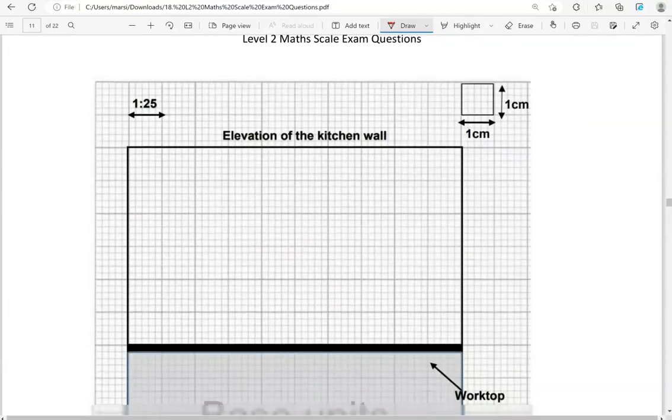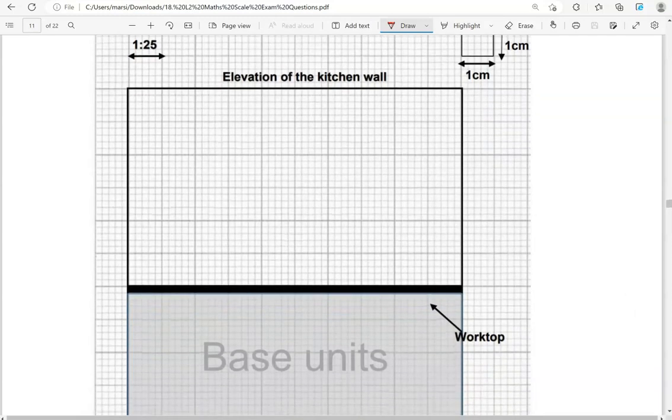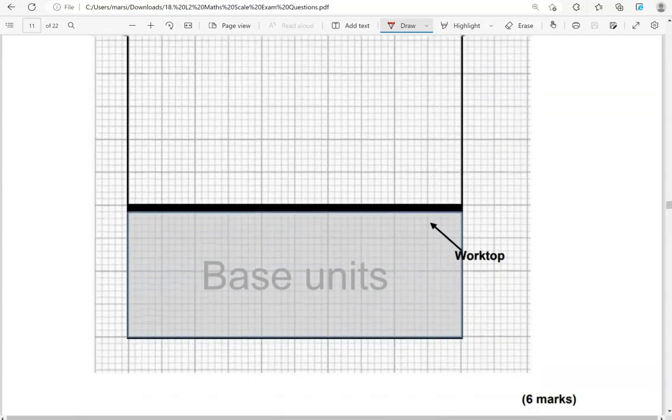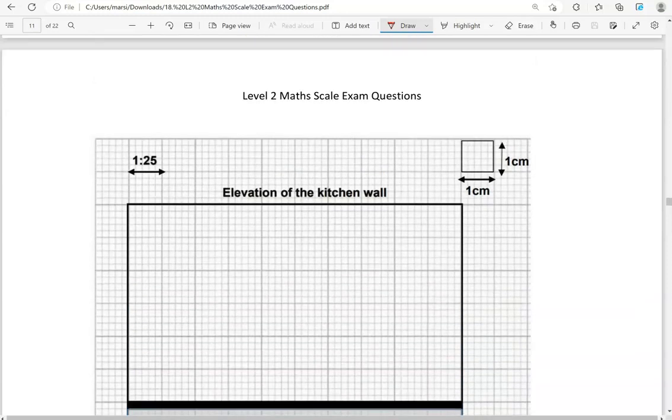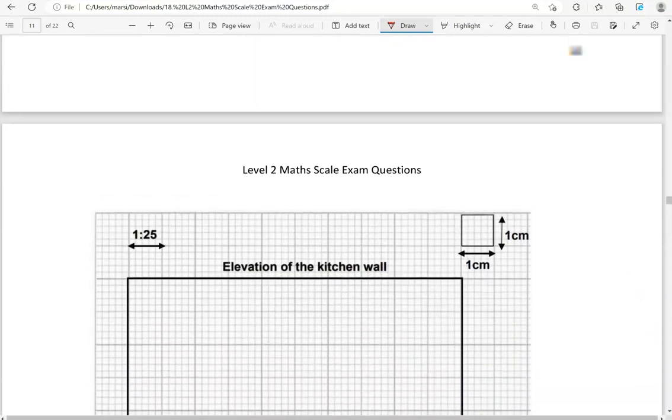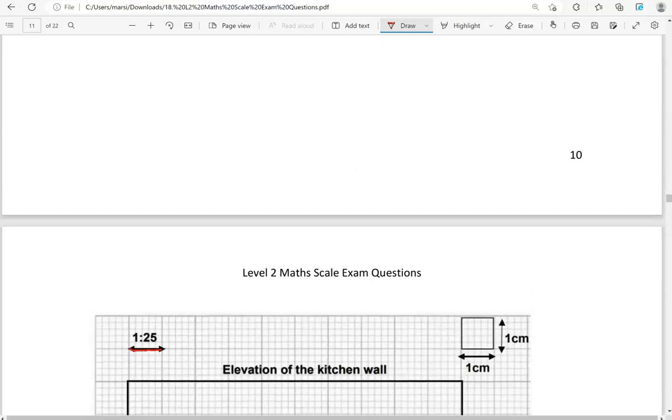So we've got the grid here. One square is equal to 1 centimeter, and we've got a scale of 1 to 25.